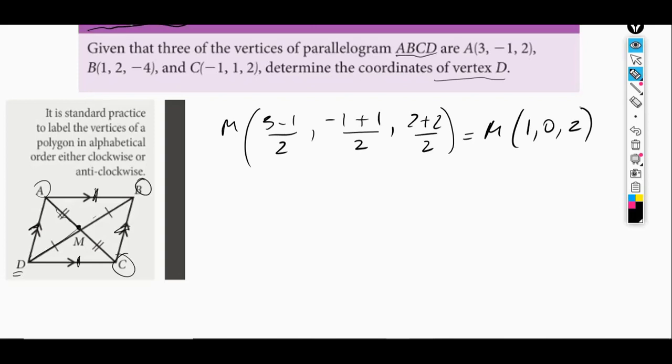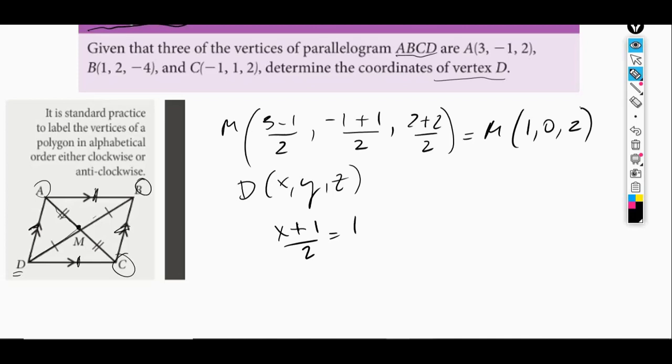Because we have the midpoint, let's just call D x, y, and z. So we know that x plus the B coordinates, right? So x plus 1 divided by 2 should equal 1, because that would give us the x coordinate of the midpoint.